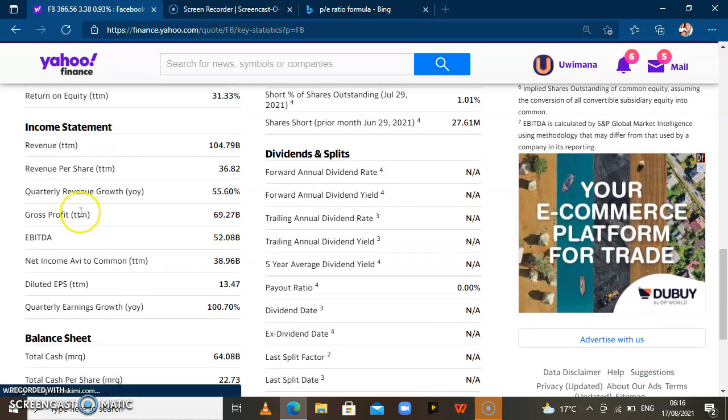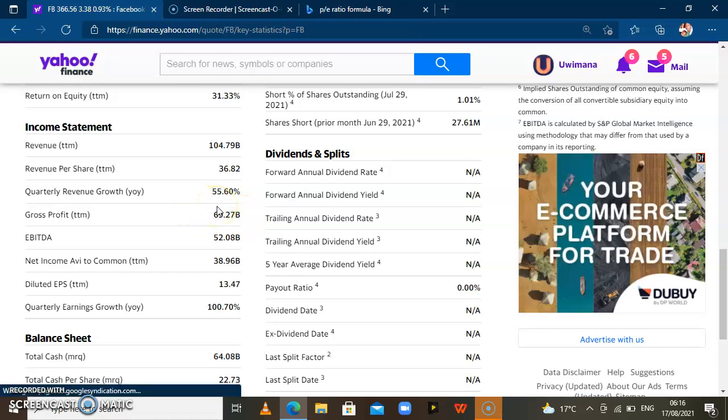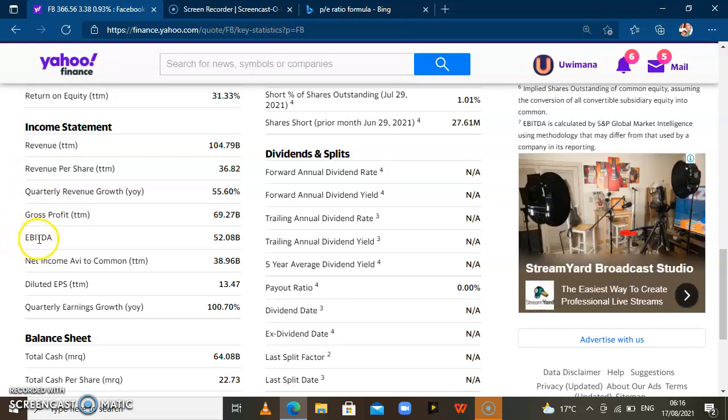Now when you look at the gross profit of this company, which is basically you take the revenue and subtract the cost of sales, so you get this one, right? And this means earnings before interest, tax, and dividends, right? Allocation.